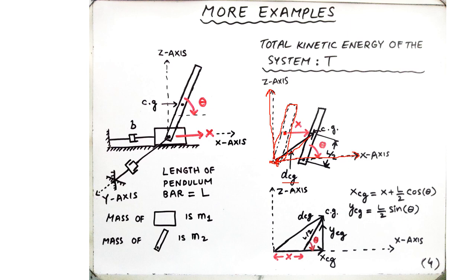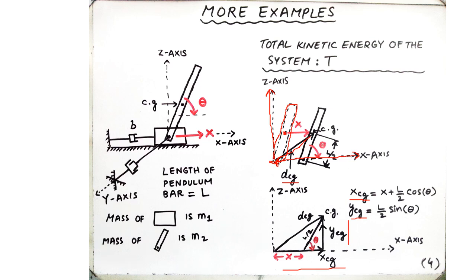However, as has been the case before, in order to simplify the expression and the subsequent manipulation of the expression, we often split the displacement variable into its x component and the y component. So xCg defines the x component of the displacement variable, which is along the x-axis, and yCg defines the vertical component of the displacement along the y-axis.